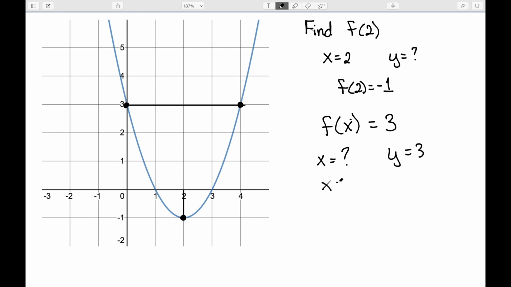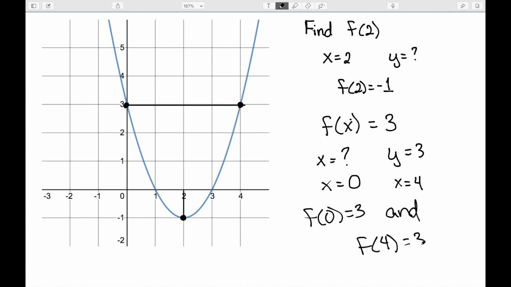In this case, x is 0 here, and x is 4. So what we have is that f of 0 is equal to 3, and f of 4 is equal to 3. So if we have a number in between these parentheses, that tells me my x value. But if I have it equal to, that's telling me what my y value is.